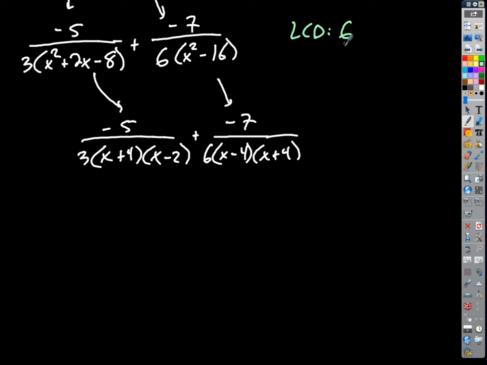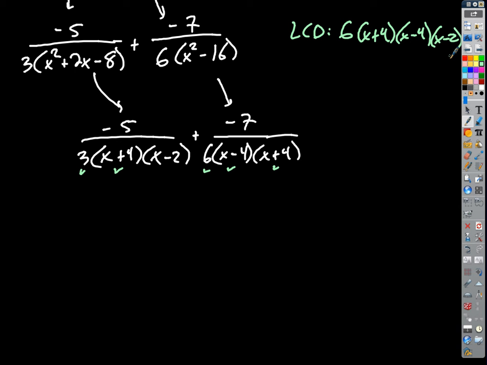Okay, so then what about the other factors? What other factors do I need to include? x plus 4 accounts for, so we've taken care of the numbers, that accounts for that one and that one. x minus 4 accounts for him, and then x minus 2. Okay, there's my least common denominator.